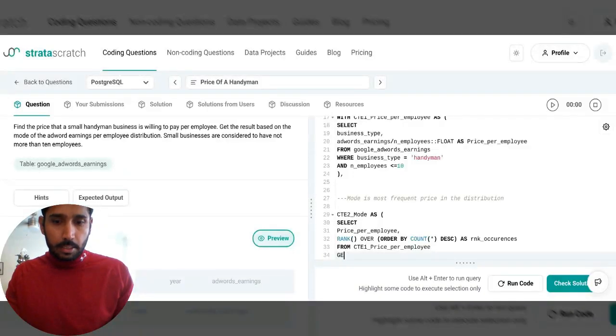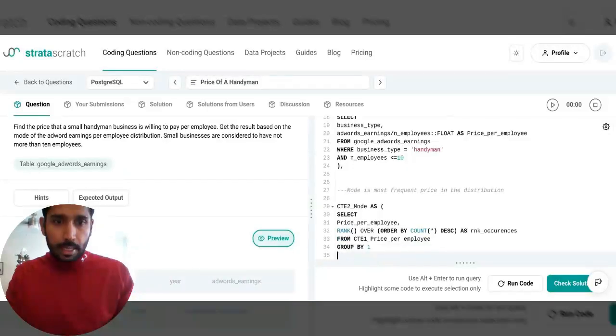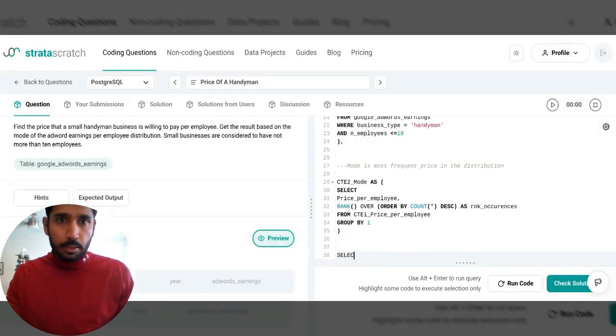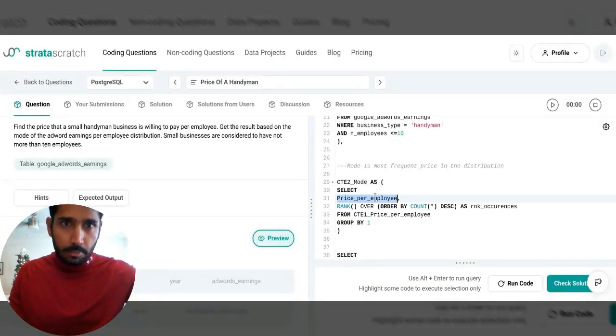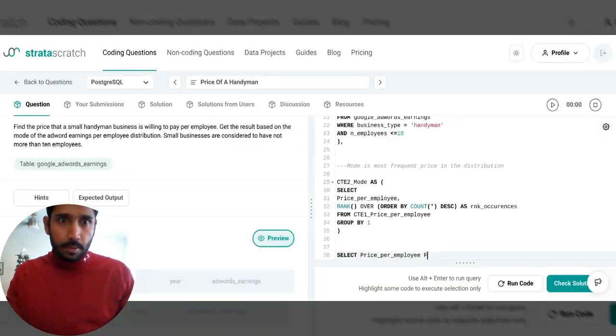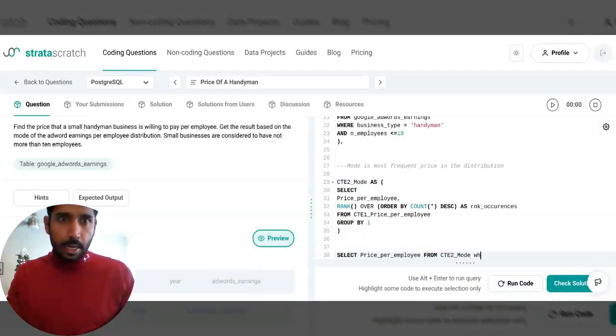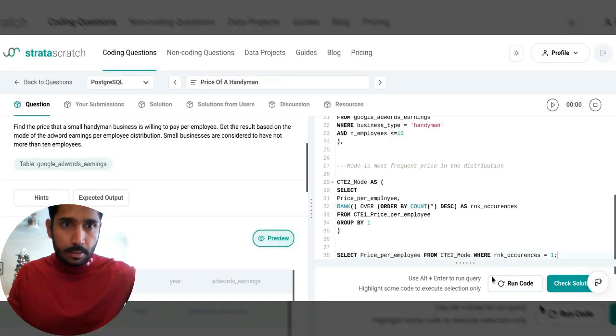We need to do some aggregation here because we are counting the number of records. And that's pretty much what we need. Now I am going to select the price per employee from the second CTE and look for the highest rank.